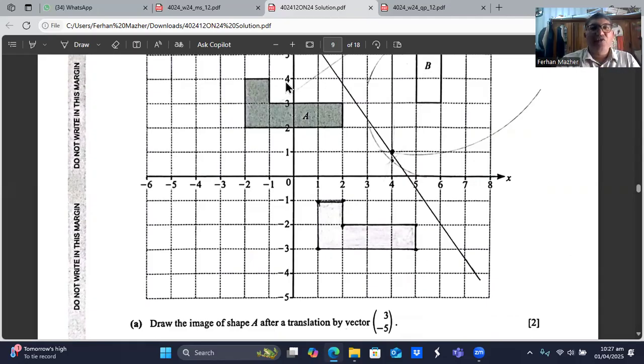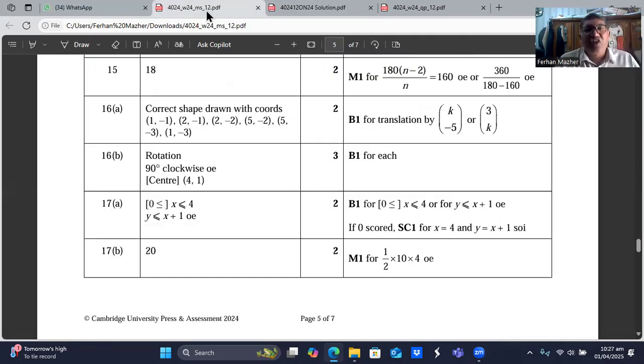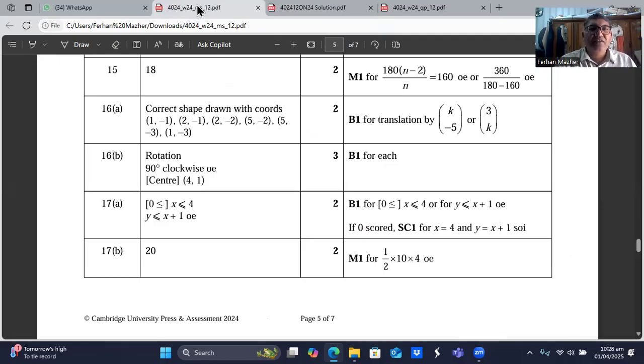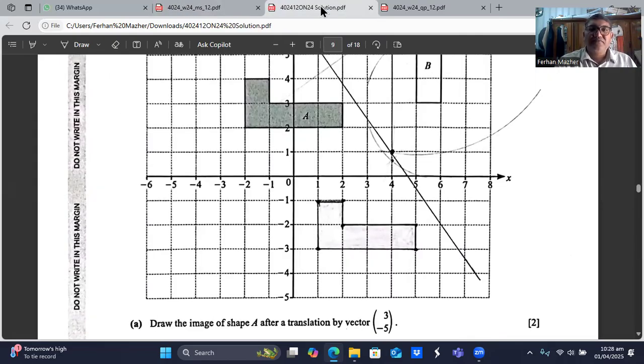In this way, I have moved all the vertices of this diagram 3 steps to the right and 5 steps down. So I got this diagram. This is translation. You can check the marking scheme. You can check the vertices of this diagram, 5 minus 2, 5 minus 3. Do we have them there? The answer is right.